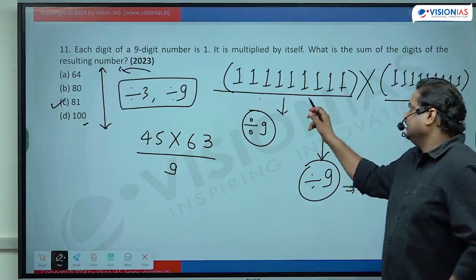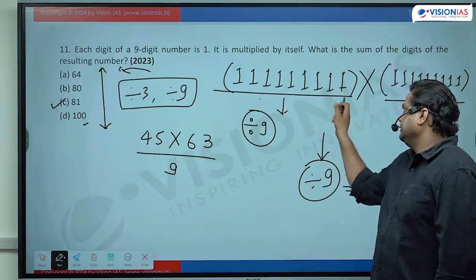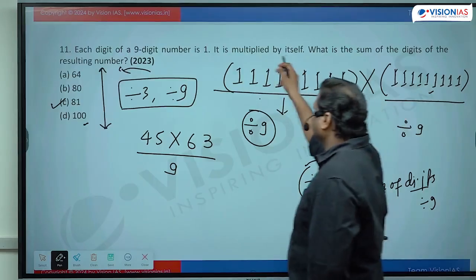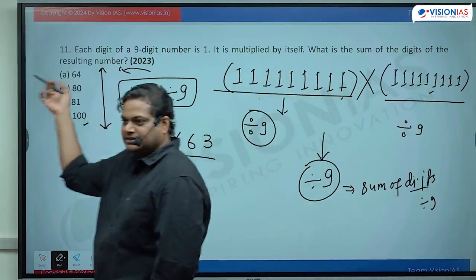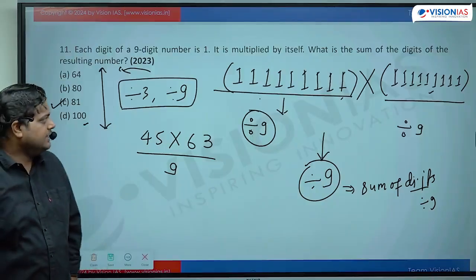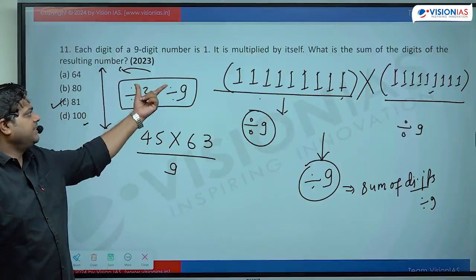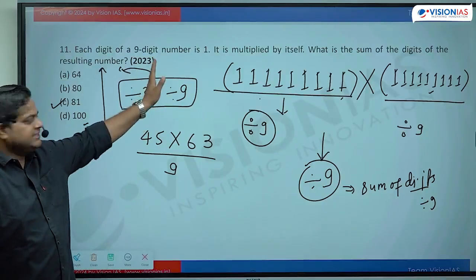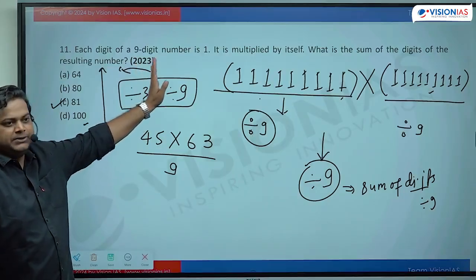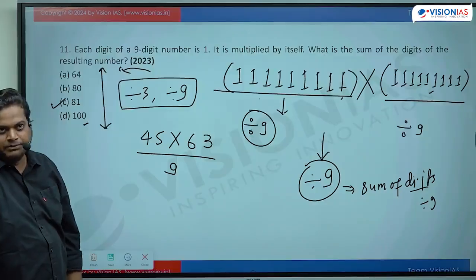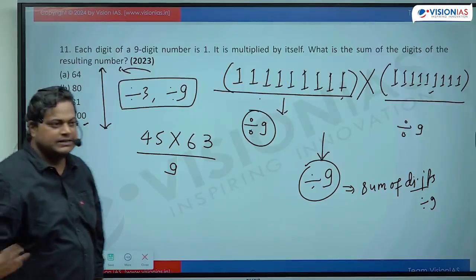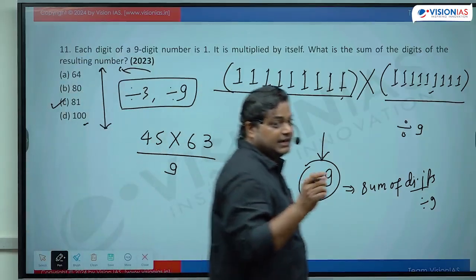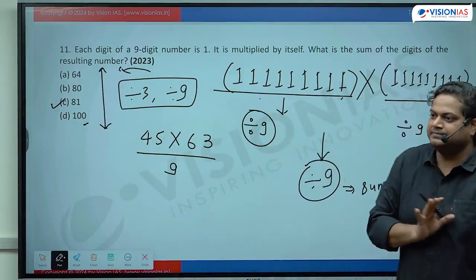Because 3 से भी ले सकते हैं, 9 से भी ले सकते हैं. Whenever sum of the digits is coming in the question, we'll try to go for 3 का divisibility rule and 9 का divisibility rule. तो पहले 9 का चेक करेंगे, then we'll go for 3 का divisibility rule. We can get the answer. There is a possibility.